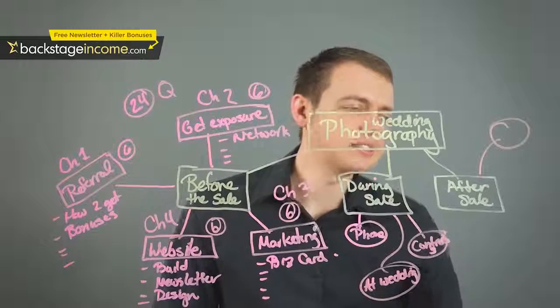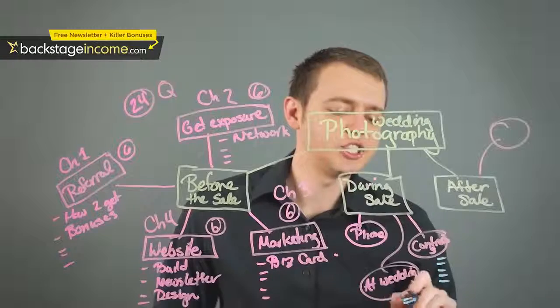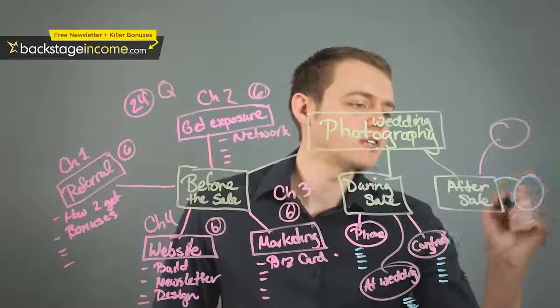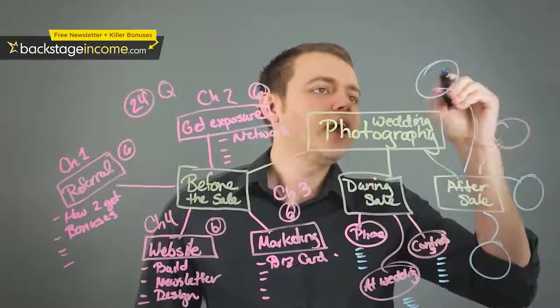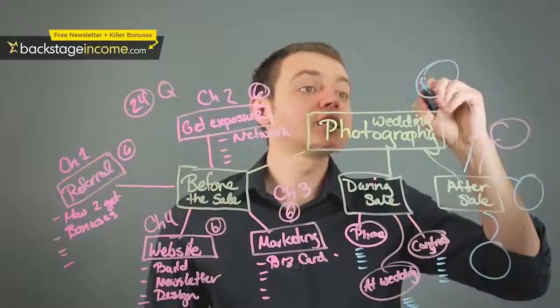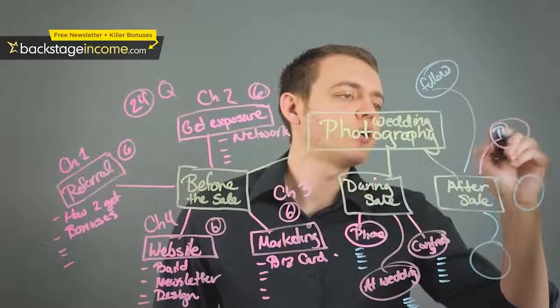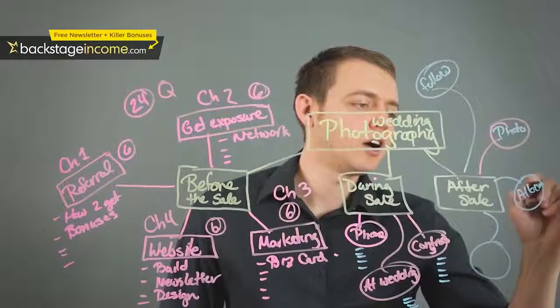So as you start building these things out, you'll see, and then again, you have 6 questions here, 6 questions here, 6 questions here, and you do the same thing. So you create 3, 4 bubbles over here. And again, you have your topics after the sale, so it could be follow-up calls. This could be showing the photos, albums. There's all kinds of things.